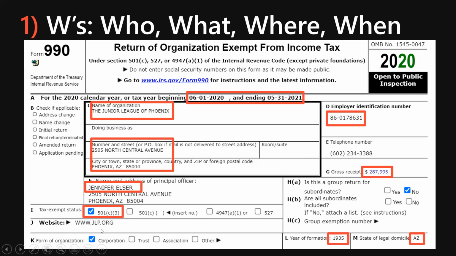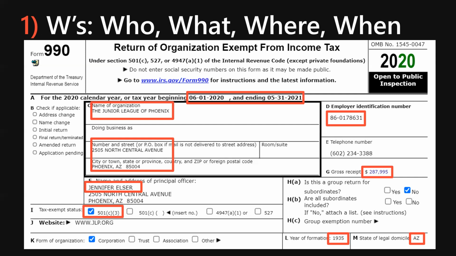Finally, a very important box. This is in line I, 501c. Now, typically when folks are talking about charity, they're referencing 501c's. What is a 501? Why are they all called C's? Why does it even matter? So in 501c, the C stands for citation.